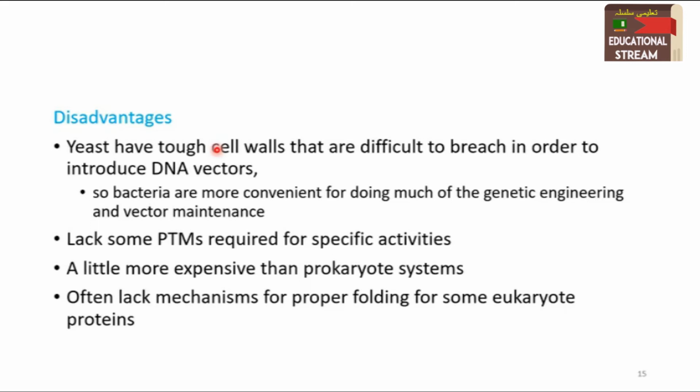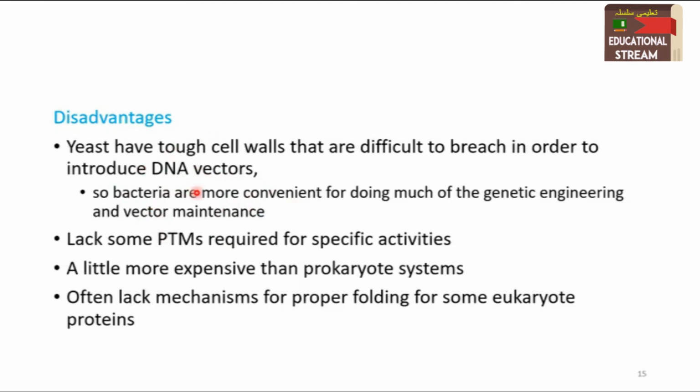We provide bacteria some current or heat to make pores in its cell wall so that the DNA vector can move into the bacterial host. But in the yeast, the cell wall is tough as compared to bacteria, which makes it difficult for the entry of DNA vector into the yeast cell. So from the entry point of view, bacteria are more convenient for genetic engineering and for maintaining the vector within the host system.